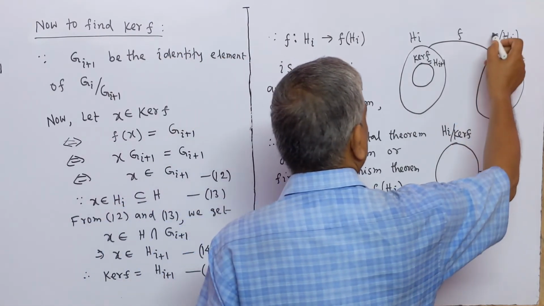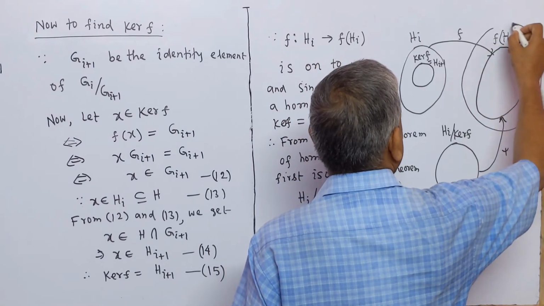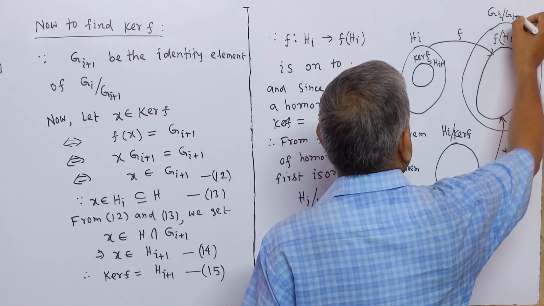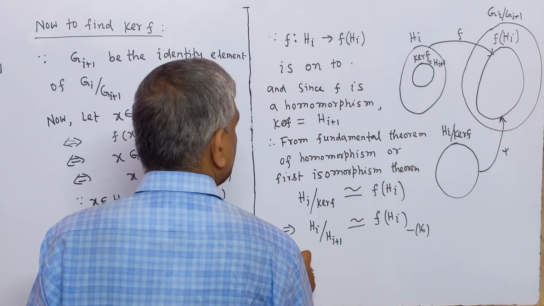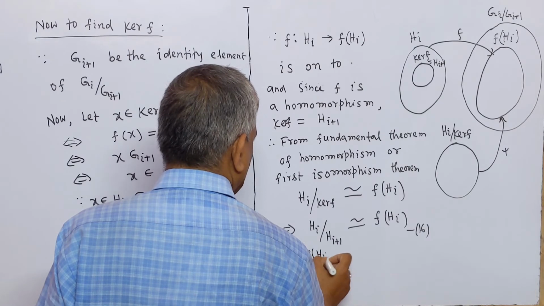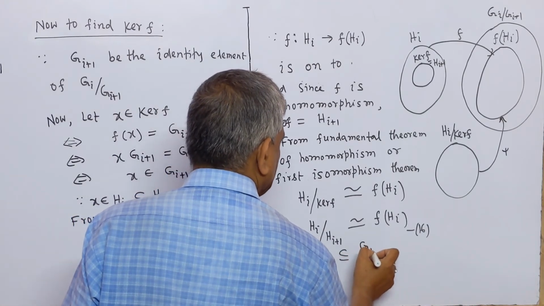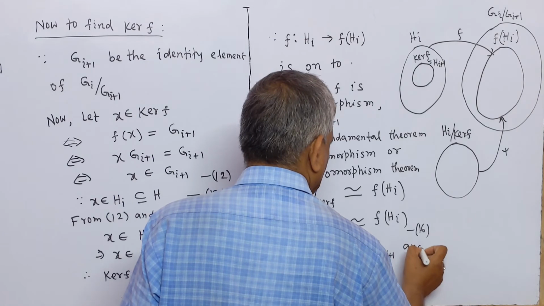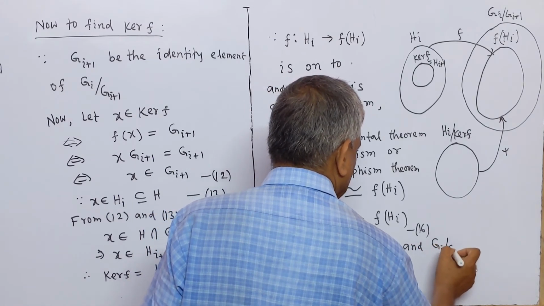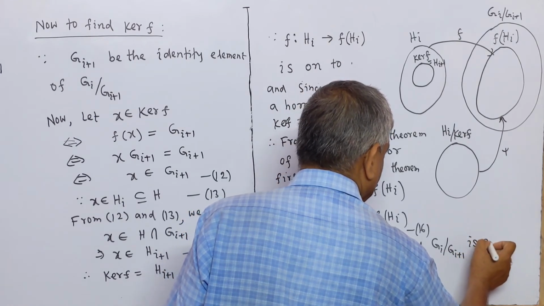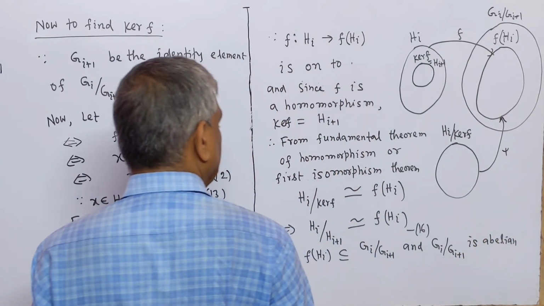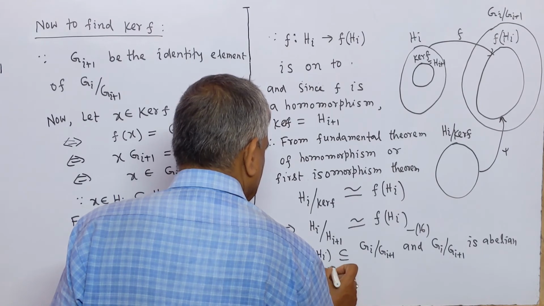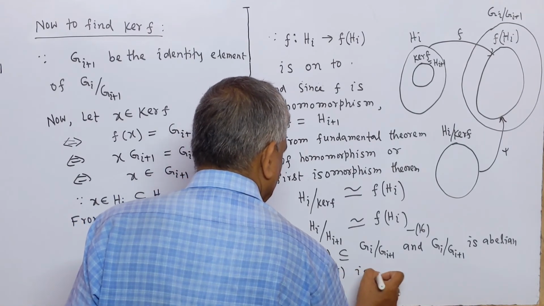Since f(Hi) is a subset of quotient group Gi by Gi plus 1, and Gi by Gi plus 1 is abelian since G is a solvable group, therefore f(Hi) is abelian.